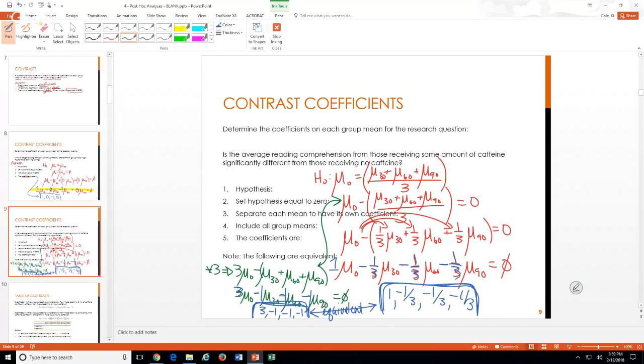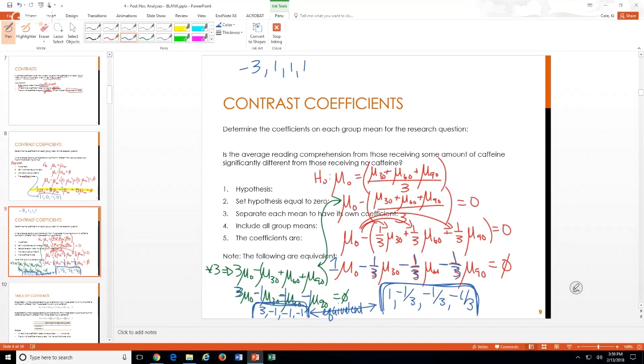So if the values are equivalent proportionally, we can transform from one set of coefficients to another just by multiplying through by different values. So let me ask you, what about minus 3, 1, 1, 1? Is that equivalent to those?